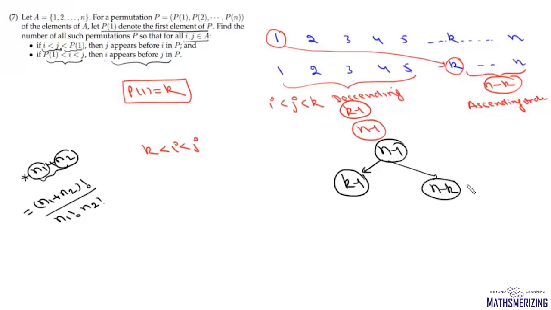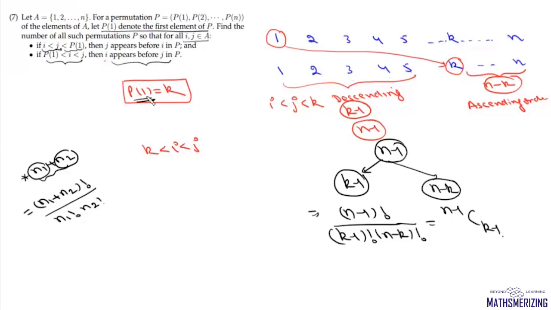So it can be done in factorial n minus 1 upon factorial k minus 1 factorial n minus k, which is nothing but n minus 1 c k minus 1. So if P1 is k, then the total number of such permutations is n minus 1 c k minus 1.